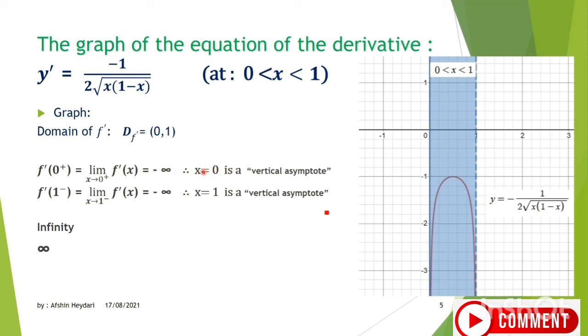As the result, x equals 0 is a vertical asymptote, and this limit is called f prime at 0 from the right. And here, limit of f prime of x when x approaches 1 from the left equals minus infinity.